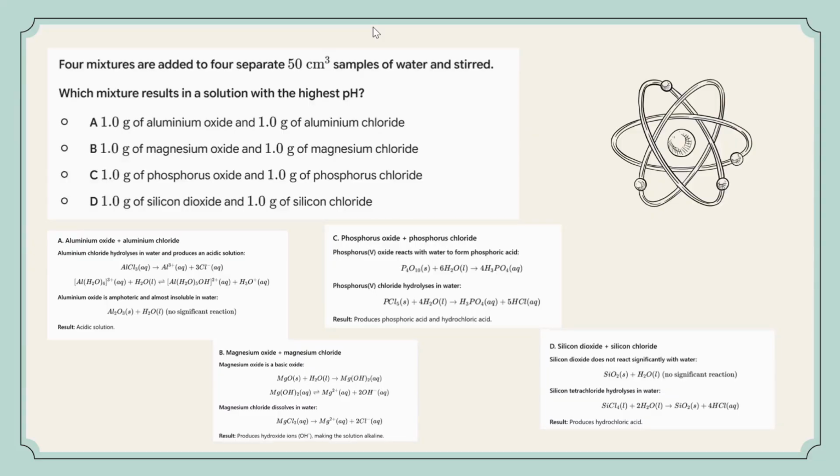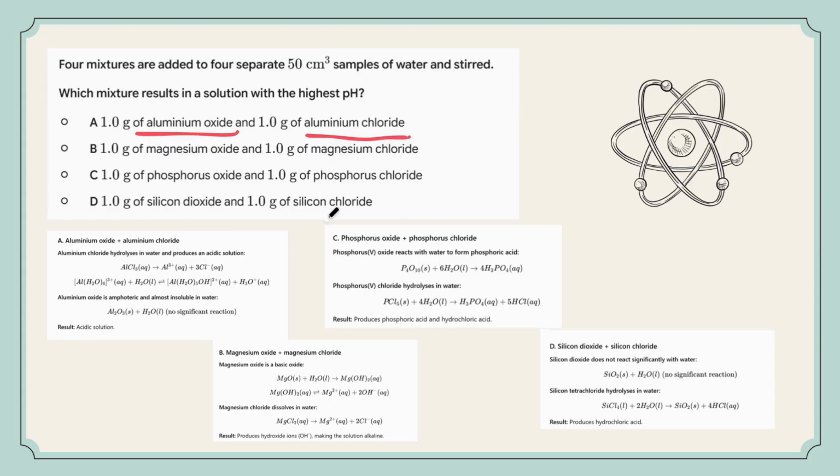Four mixtures are added to four separate 50 milliliter samples of water and stirred. Which mixture results in a solution with the highest pH? Let's discuss it one by one. First, in option A, we have 1 gram of aluminum oxide and 1 gram of aluminum chloride.